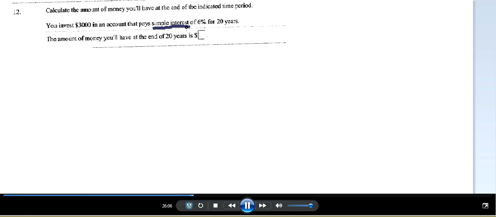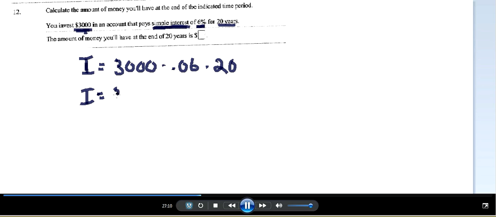Remember what I mentioned about simple interest before, of 6% for 20 years. So I've got my principal here, my rate is here, and my time is here. And that's all we have to do. It says the amount of money you'll have at the end of 20 years. So I have to have the total amount of money, not just the interest.